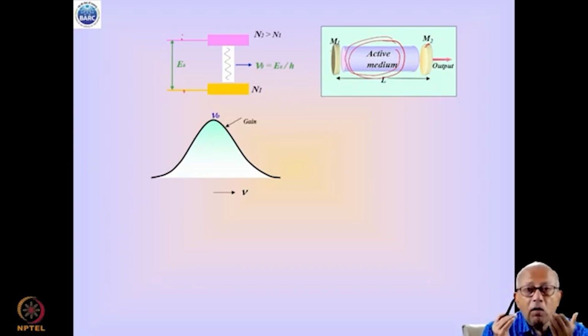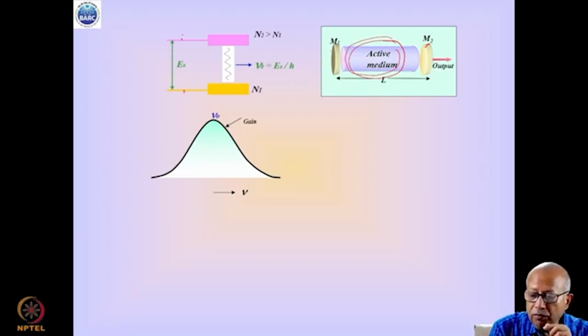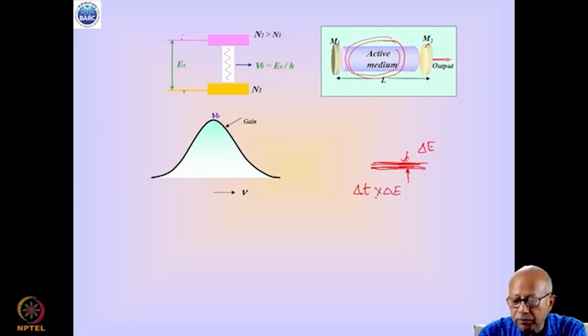Therefore, in accordance with Heisenberg's uncertainty principle, which says that if you have an energy level, and the lifetime of the level is, say, delta T, and the spread of energy is delta E, then delta E into delta T must be greater than Planck's constant.